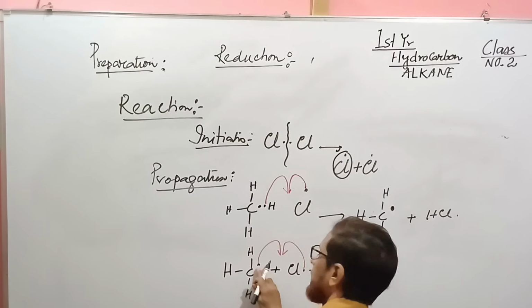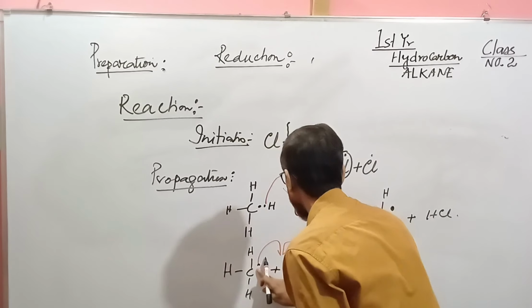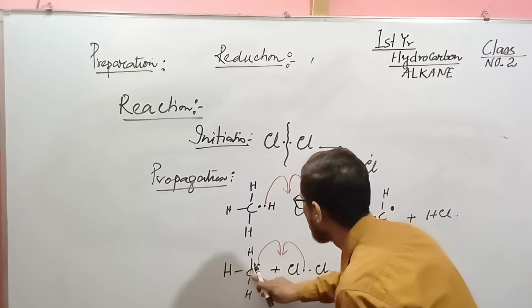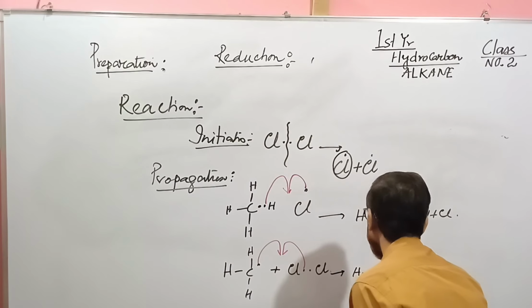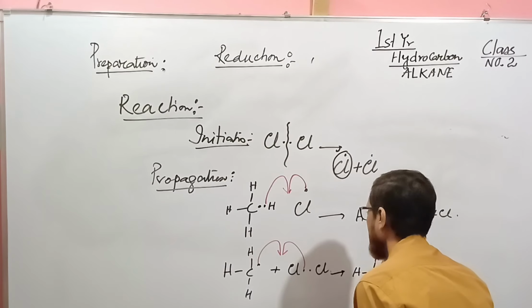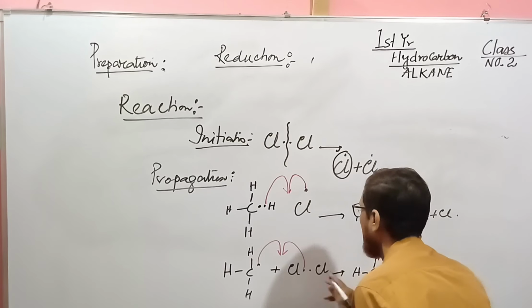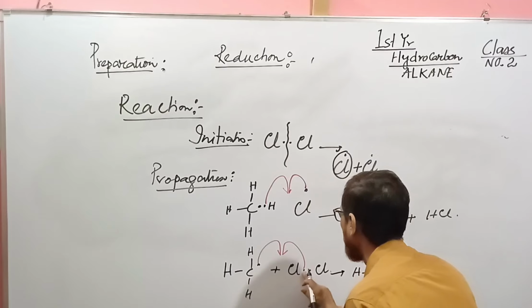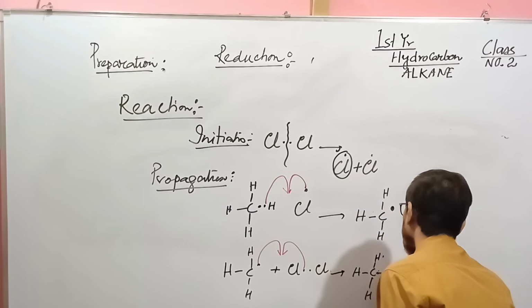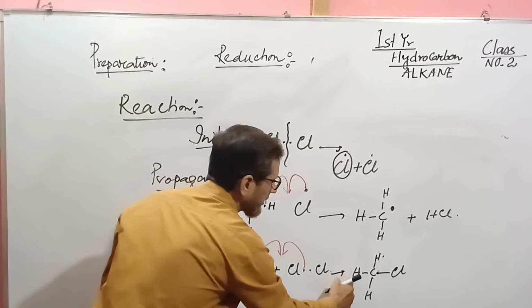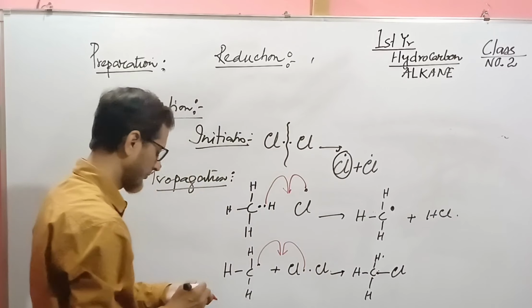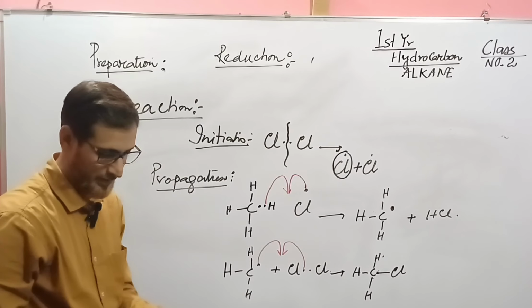Again, this and these two will make a bond, and that bond will be with that compound. Am I right? So you are getting H, CH, H, and the new bond with these two dots gives you chlorine. So methyl chloride, CH3Cl. Am I right?